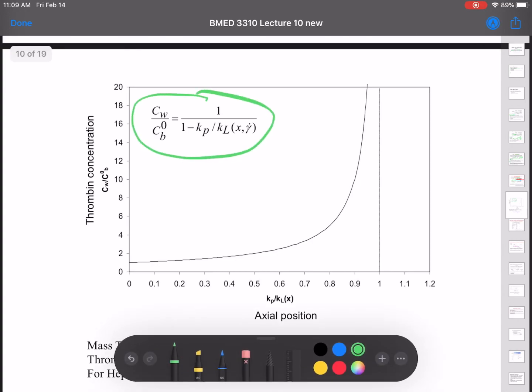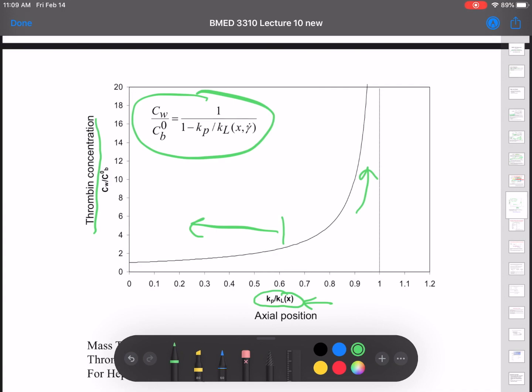But it shows that as this ratio increases, then the thrombin concentration becomes huge. And so obviously you want to keep this relation somewhere down here, let's say from this area and lower, so that you don't have this huge increase in thrombin production.